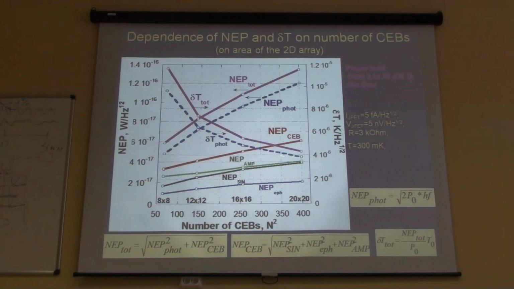That means the contribution of amplifier noise is less and less. For the SIN junction, it's a little bit more because they should consume energy and transfer it to the electrode. NEP of the electron-phonon part is very small because we managed to make a very small absorber, which is very good both for decreasing this electron-phonon noise and for protection from cosmic rays.